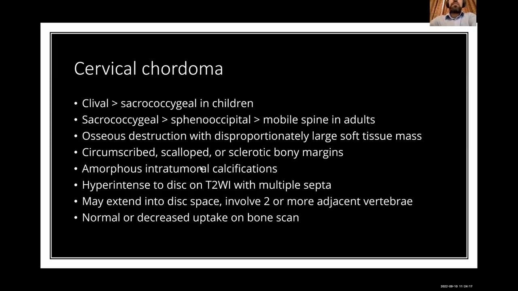Osseous destruction, well circumscribed, scalloped or sclerotic bony margins, amorphous intratumoral calcifications, sometimes very high signal on T2, may extend into disc space involving 2 or more adjacent vertebrae, normal or decreased uptake on bone scan. So you cannot depend on the bone scan unless you suspect chondrosarcoma.